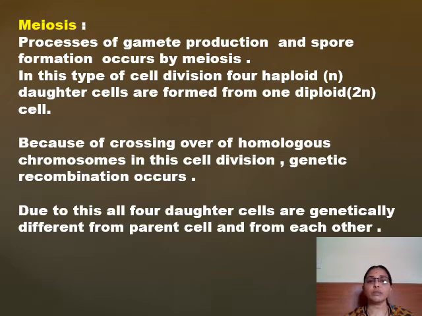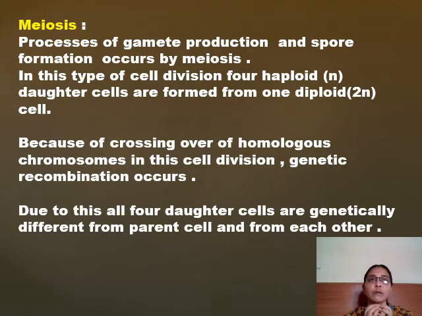So the process of meiosis, that means gamete production and spore formation, occurs by meiosis. This doesn't take place only in human beings and other animals, but gamete production is in plants also. You know, the flower is a reproductive organ of a plant, and inside the flower there is an ovary, and the male gamete comes from the androecium.